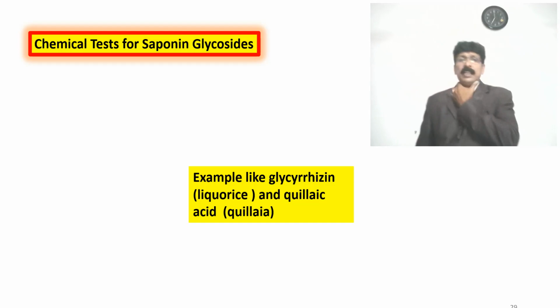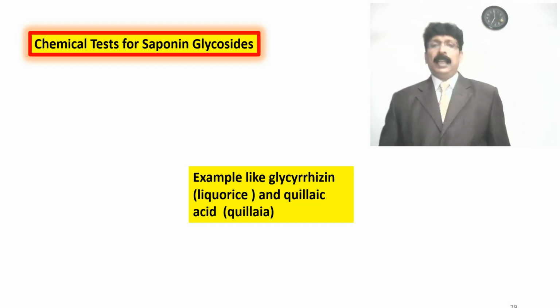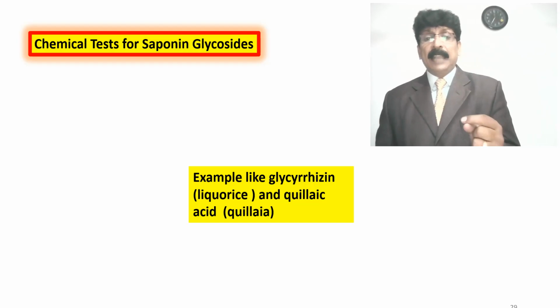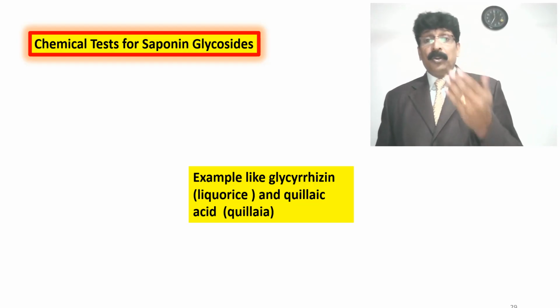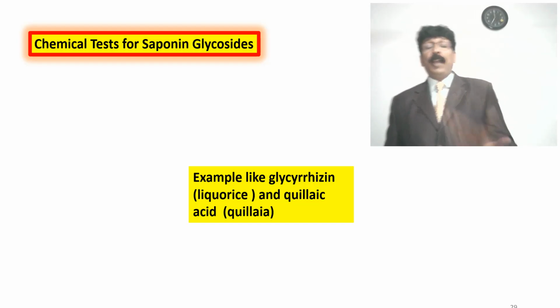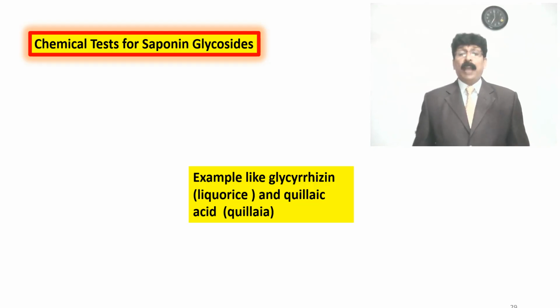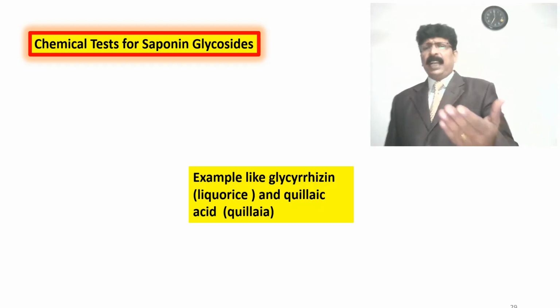You can see glycyrrhizin present in licorice, and there is quillaic acid present in Quillaja, or diosgenin present in Dioscorea.